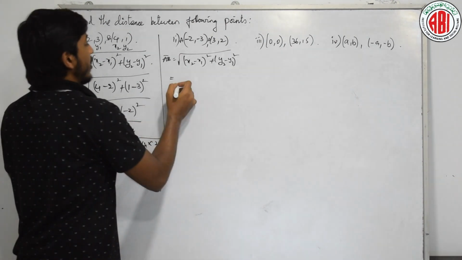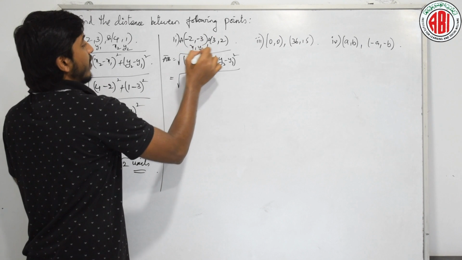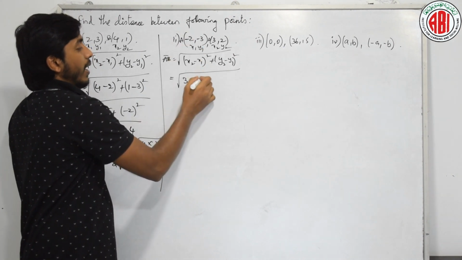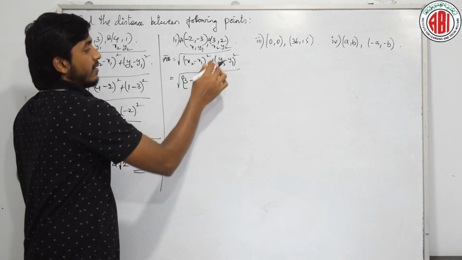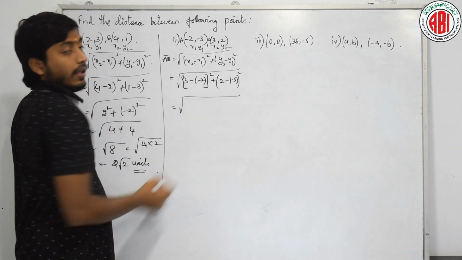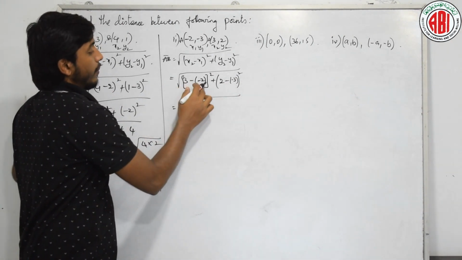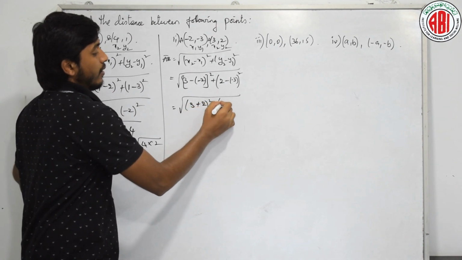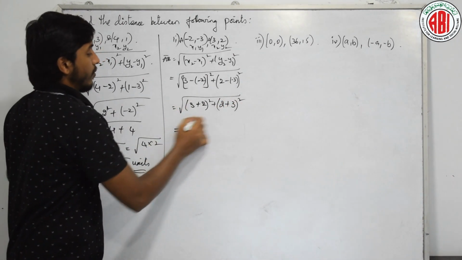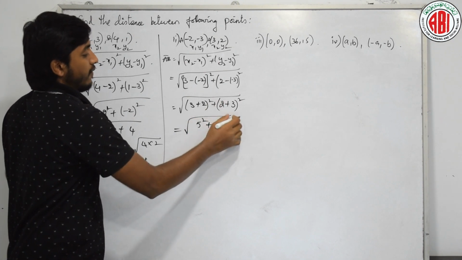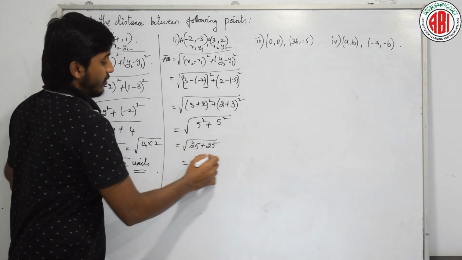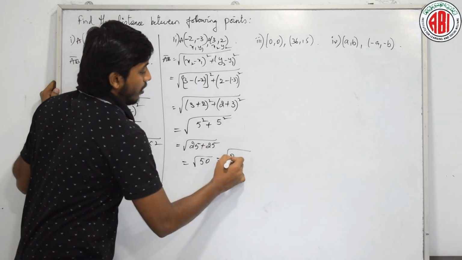See here, under root, what do we have? x1 y1 x2 y2. What is x2? 3. What is x1? -2, whole square, plus y2, which is 2, minus y1, which is -3. Is it fine? Now 3 minus of minus 2 is 3 plus 2, whole square, plus 2 minus of minus 3 is 2 plus 3, whole square. What is 3 plus 2? 5 square. 2 plus 3 is also 5 square. So 5 square is 25, and 5 square is again 25. 25 plus 25 is root 50, which is equal to root 2 into 25.